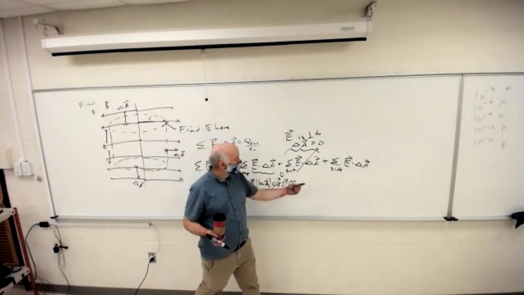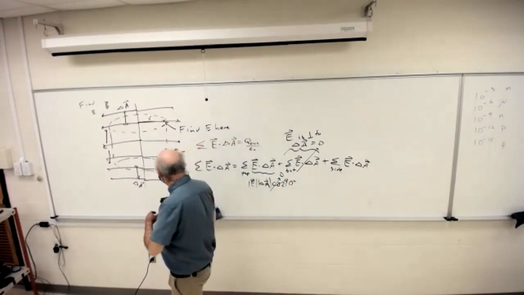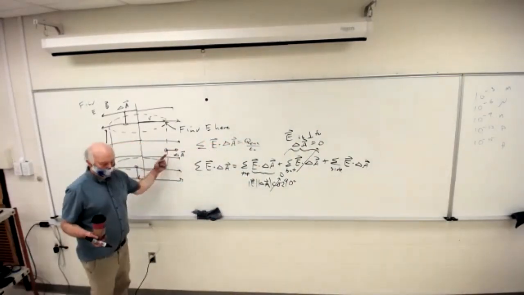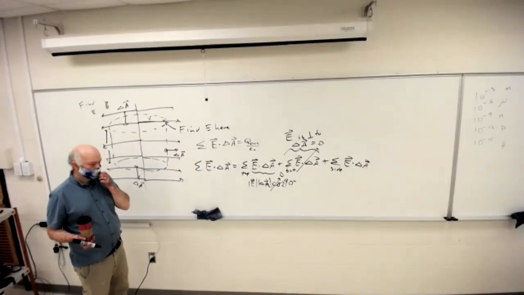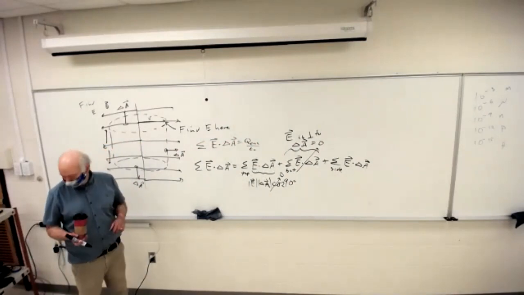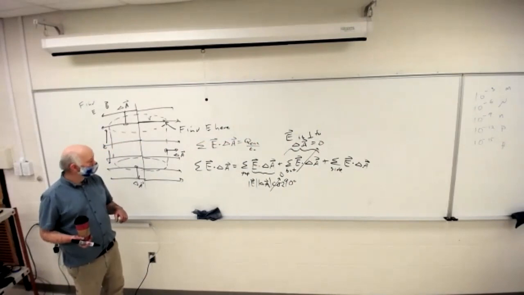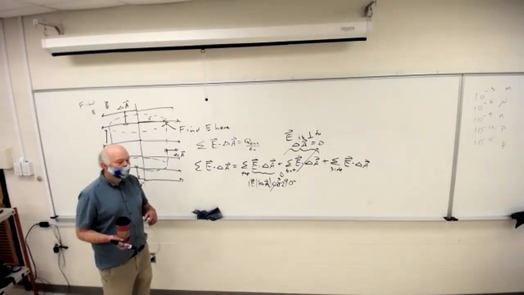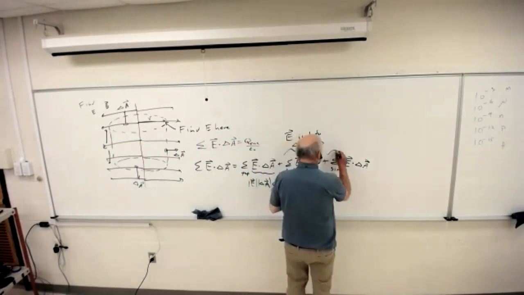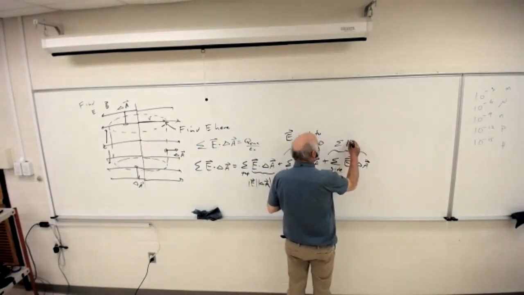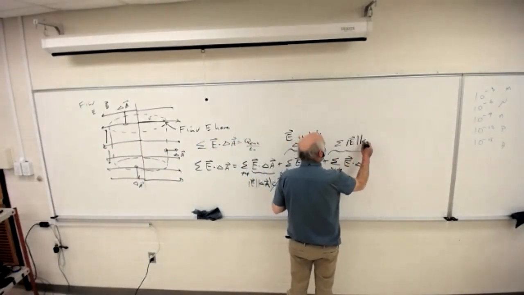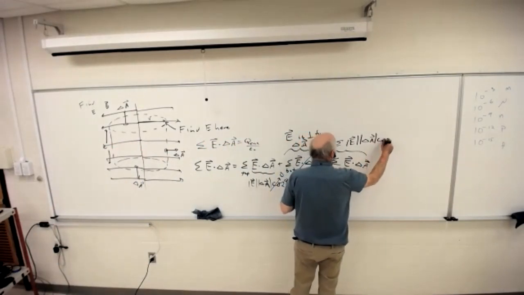What about our friend here on the side? This is the sum of magnitude of E, magnitude of delta A, times the cosine.